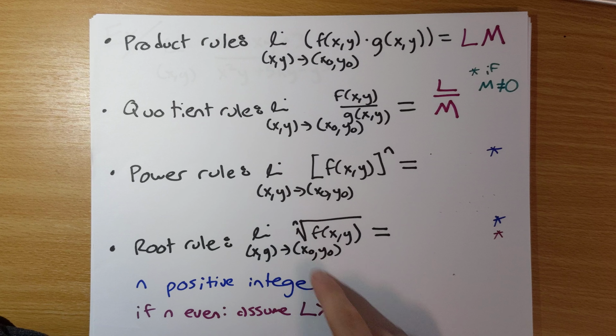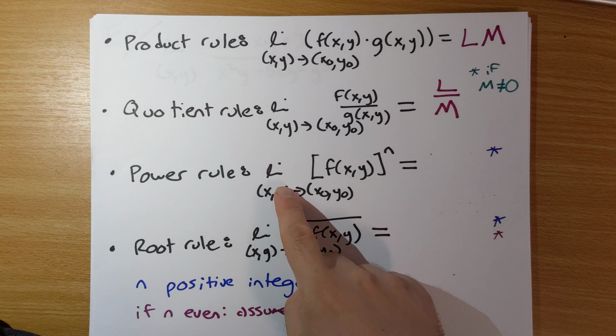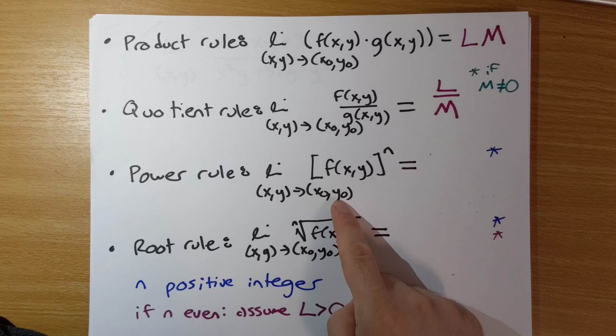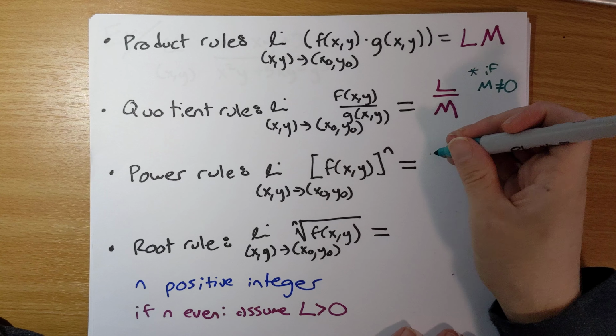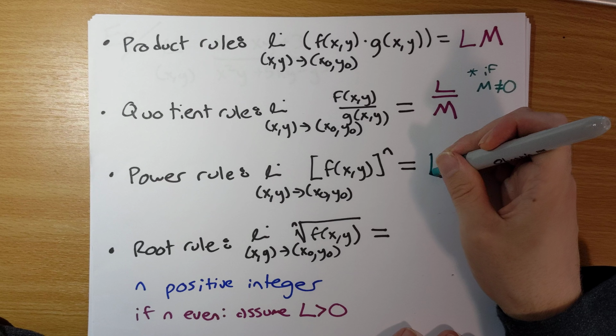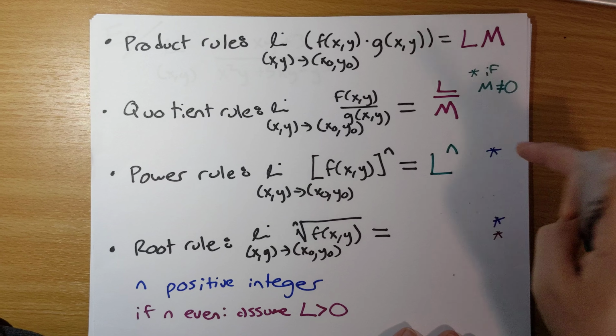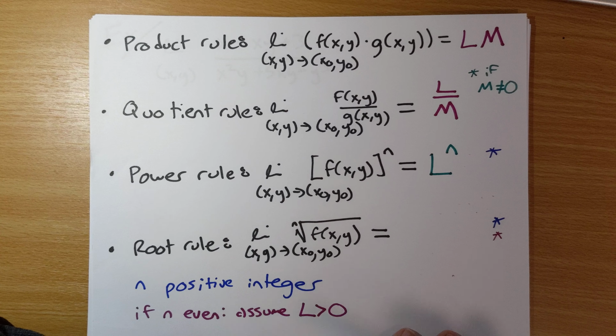Power rule: the limit as (x,y) goes to (x naught, y naught) of f(x,y) raised to the nth power is going to be the power of the limit, so L raised to the nth power. With this blue asterisk, we're assuming n is a positive integer.